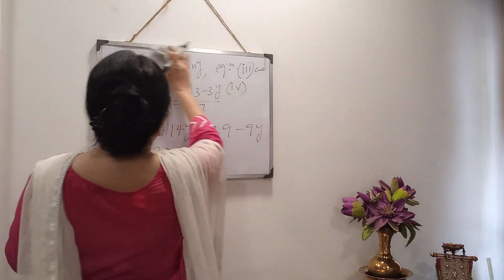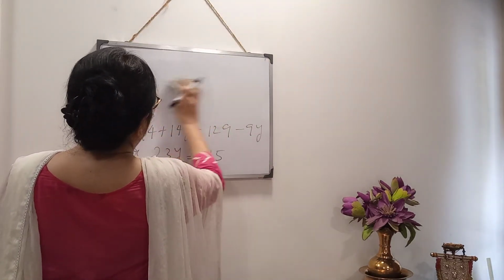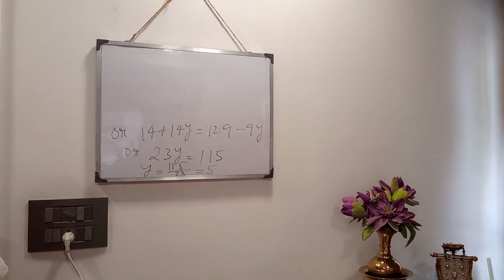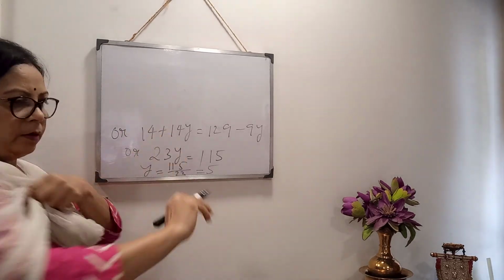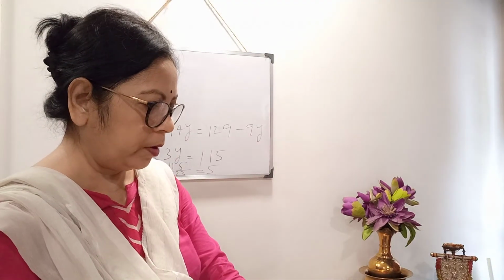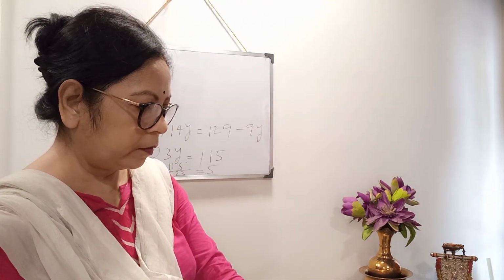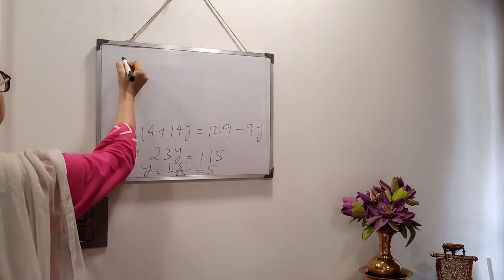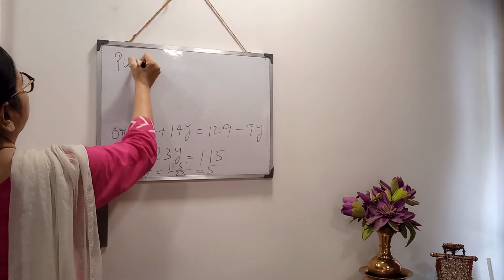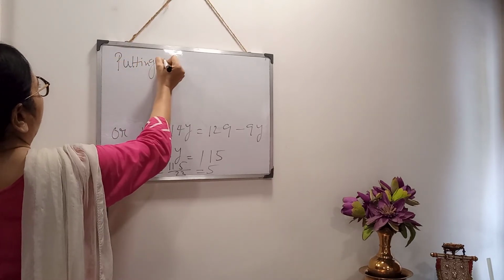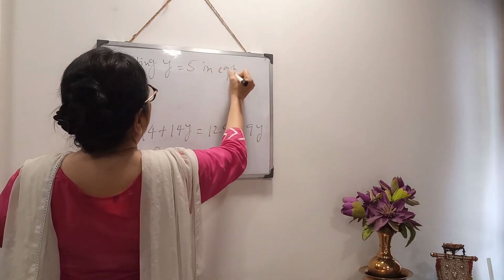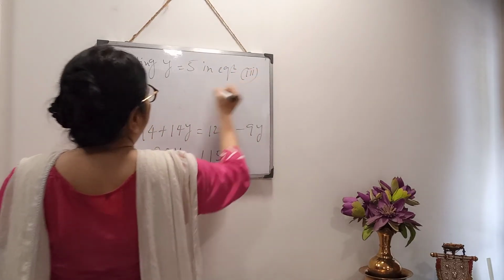Now we will put the value of y either in equation 3 or in equation 4. Clear? What is my equation 3? Equation 3 will be 2 plus 2y by 3. Putting y equals to 5 in equation 3.